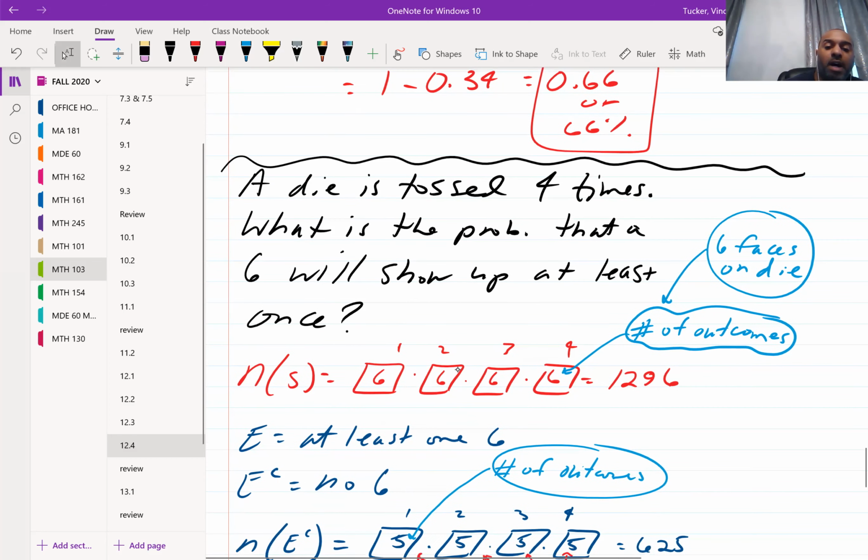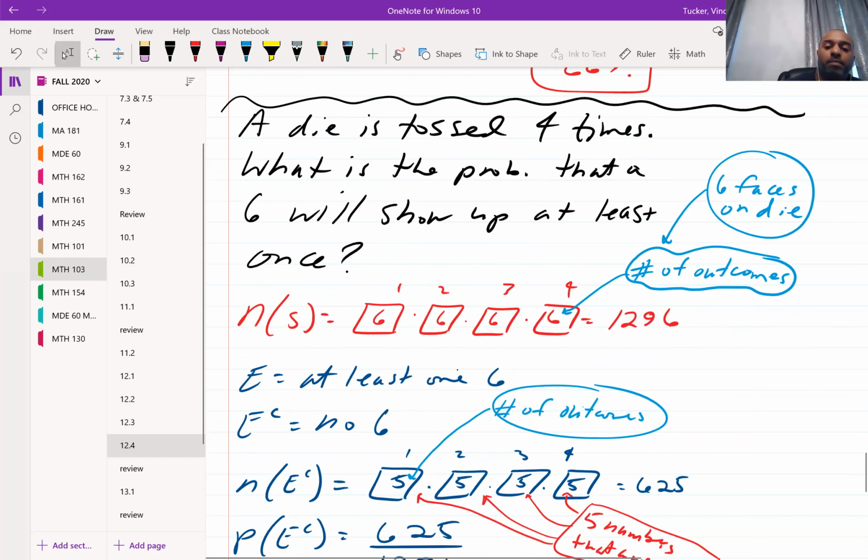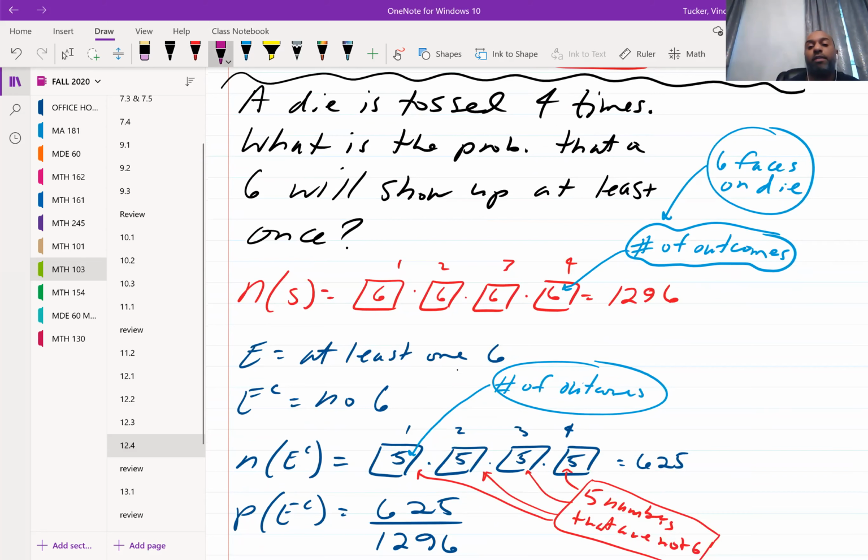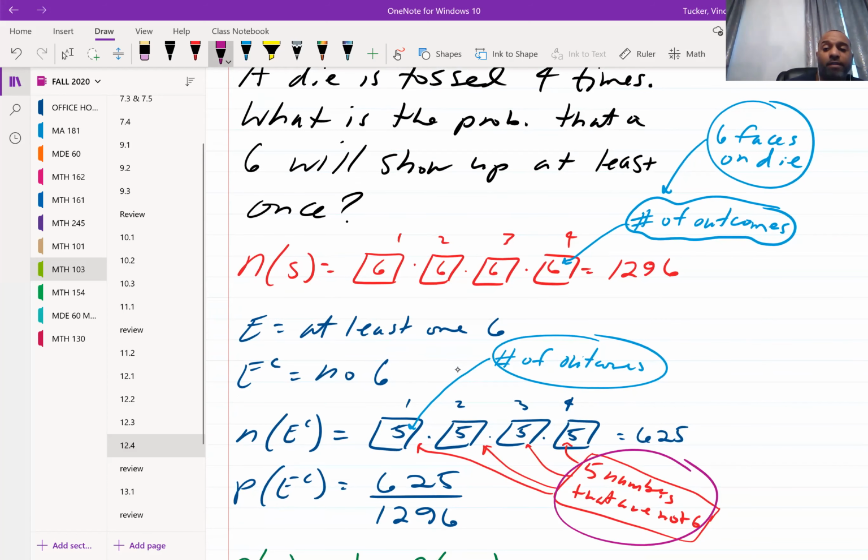If we're talking about none of them being 6, that means we're looking at 1 through 5. That's why I have 5 in each one of my boxes, like it says right here in red: 5 numbers that are not 6.